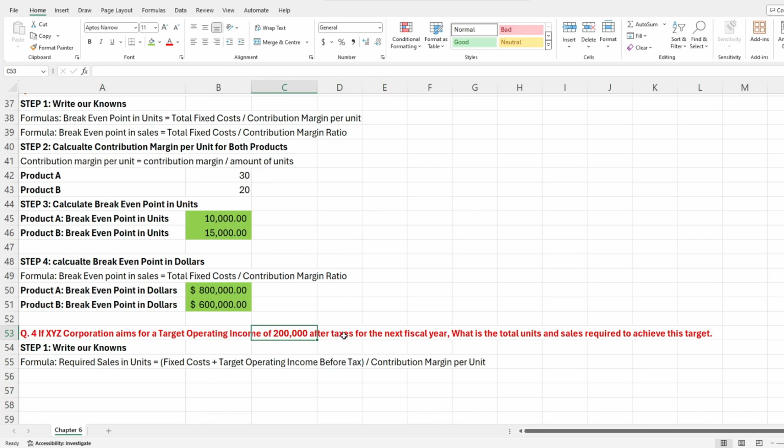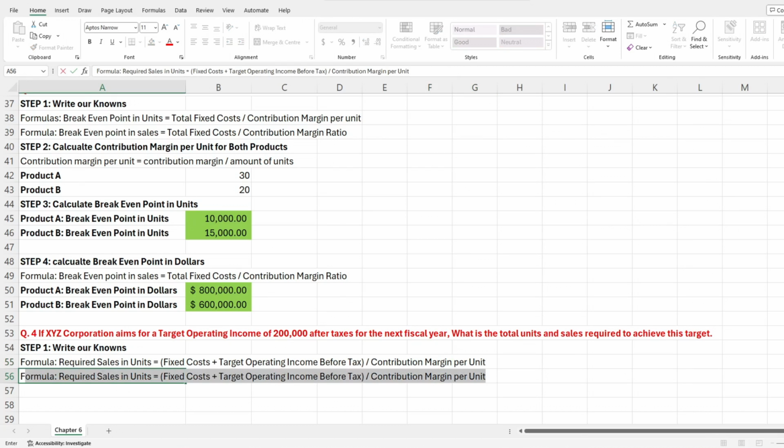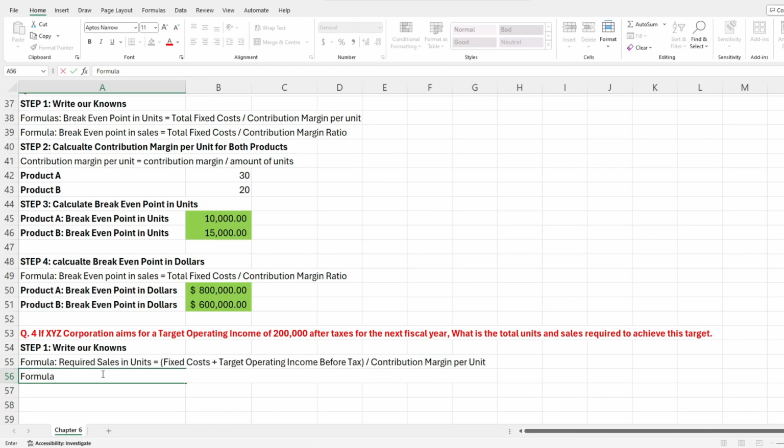Most cases, they'll give you a question related to after taxes, like 200,000 after tax. We need before tax. You won't get the same answer if you use 200,000 or after taxes, whatever number you get. And then as well, if we're trying to find required sales in units, we'll be using contribution margin per unit. So I'll show you the difference if you guys forget.